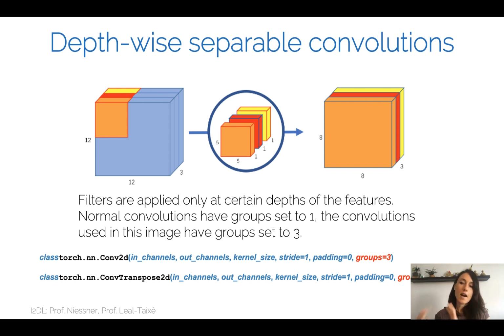And this gives us an output which is now going to have a depth of 3 also, because each of the orange, red, and yellow filters is going to give us one of these 8x8 representations as output. So the depth is not really changing because I have 3 different filters, and therefore the depth of the output is also 3 for this particular configuration.